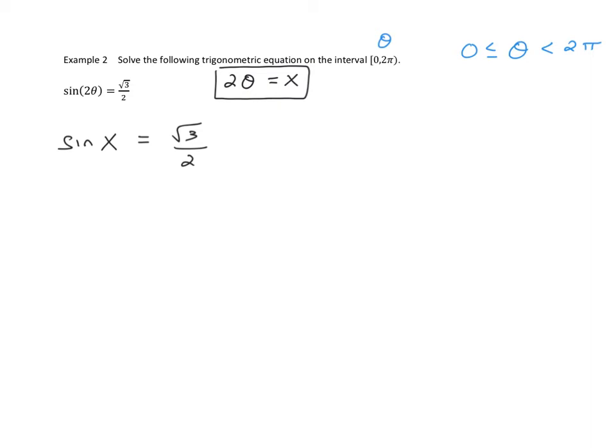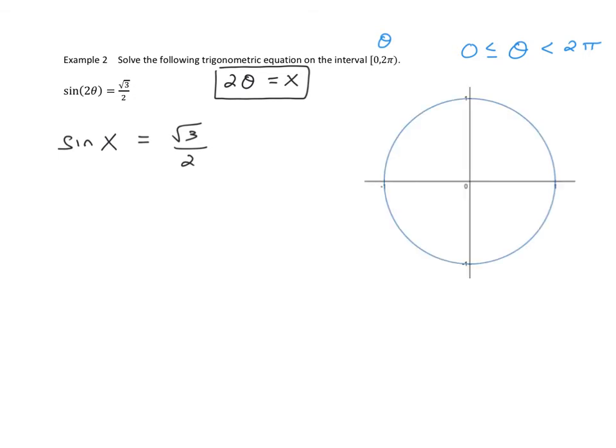When does that happen? Let's bring in a unit circle to help us figure that out. All right, so here's my unit circle. Sine is positive in the first and second quadrants. So the angle is going to be, well, one of them I know is going to be pi over 3. That's where sine is equal to positive root 3 over 2. But also here at 2 pi over 3.